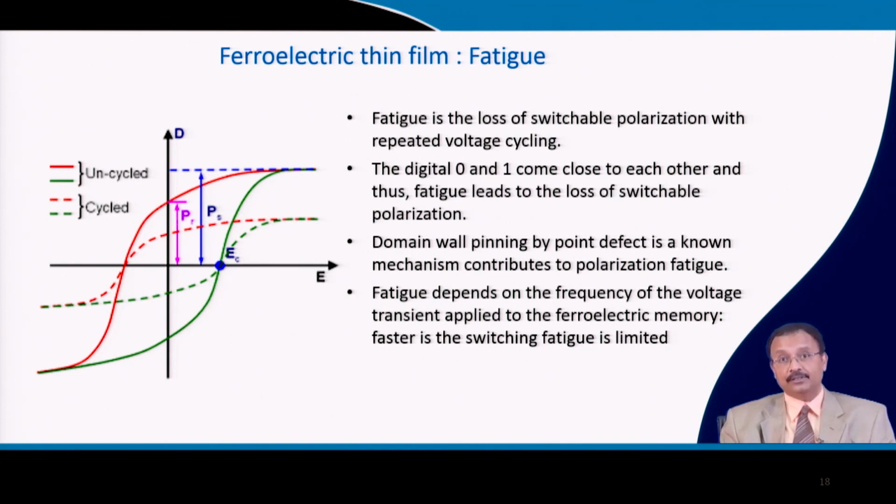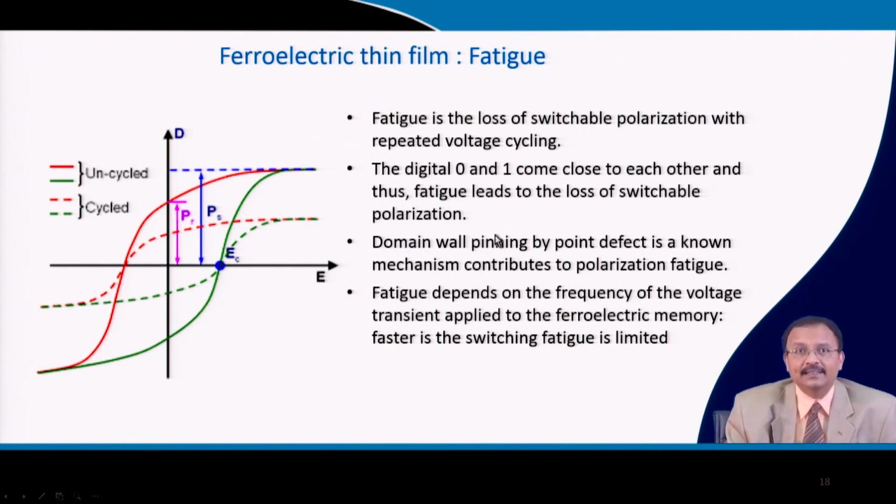And due to this reason, this is not yet in the market, otherwise you would have a very fast memory in the market by this time. And so, digital 0 and 1 will come close to each other, and fatigue therefore leads to the loss of switchable polarization.